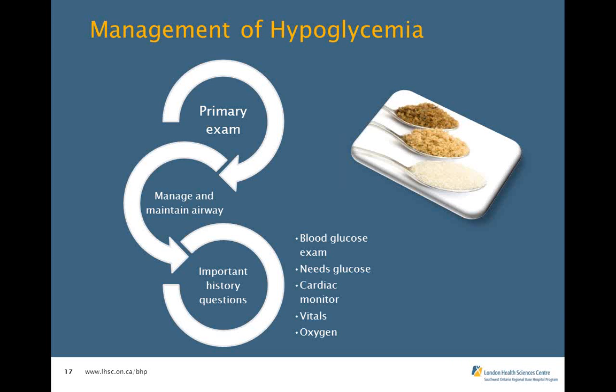But again, we need to replace the sugar because the body is unable to raise the blood sugar, therefore it's low. So our options in the pre-hospital setting are to give them 50% dextrose in water. We can give them glucagon, or we can give them oral sugar if they're willing or if they're able to tolerate it.